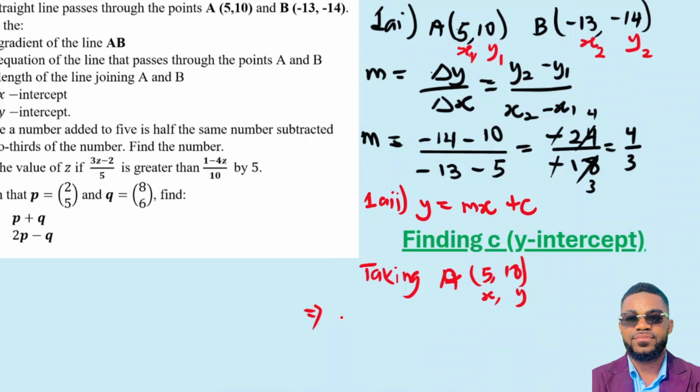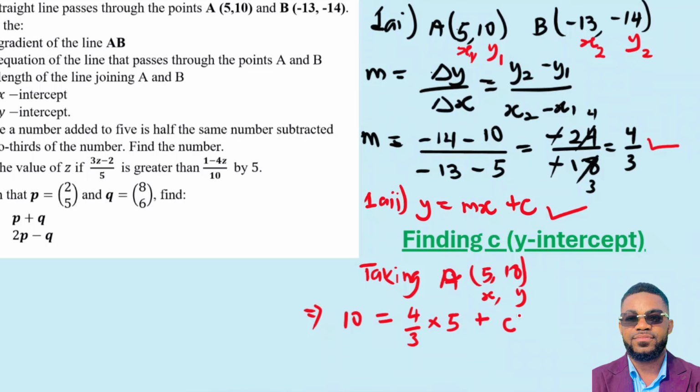Remember, I am using this general equation. So y is equal to 10. So we have 10 equal to m, which is 4 on 3, so we have 4 on 3 here, times x. x is 5, so we have 5 here, plus c. So this is what we have.